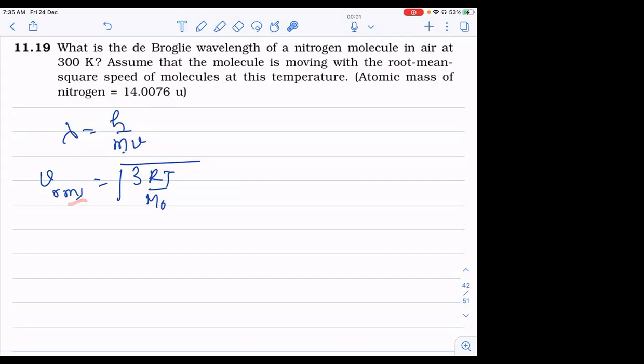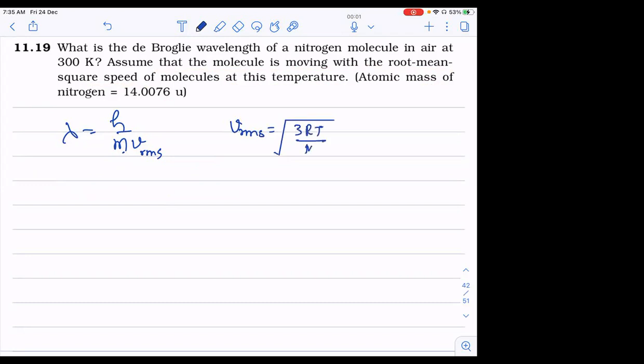So RMS velocity is root of 3RT upon molar mass.